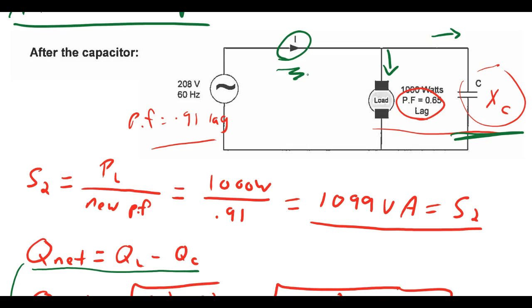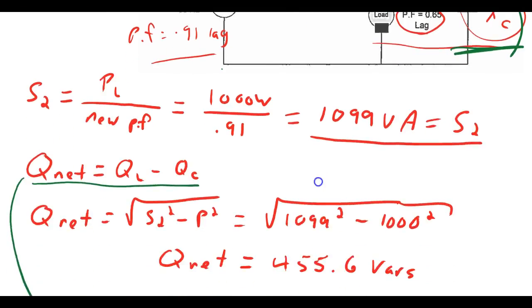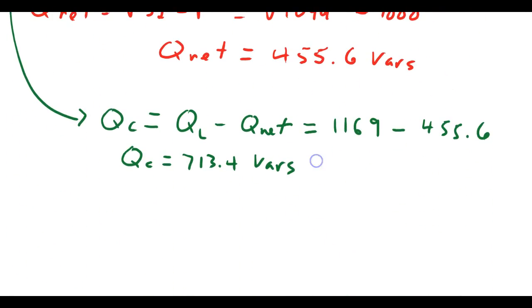So then what we do know about the capacitor is that it is in parallel with the load and the source, which means that the voltage across the capacitor is known. It is the 208 volts from the source. And so what that means is that we have QC at 713.4 vars. We also know that VC is 208 volts.